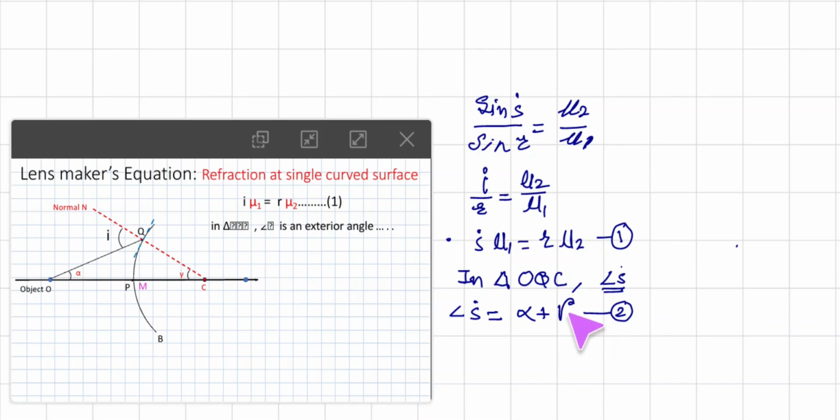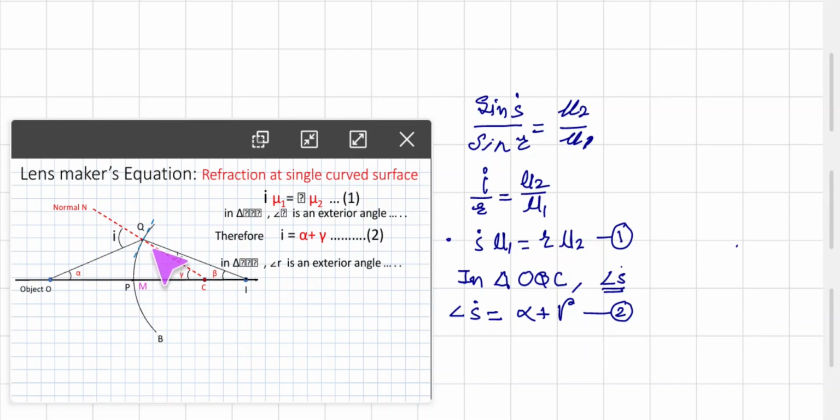Now let us consider another situation. See, here it is. Now I have shown an additional ray, that is the refracted ray.